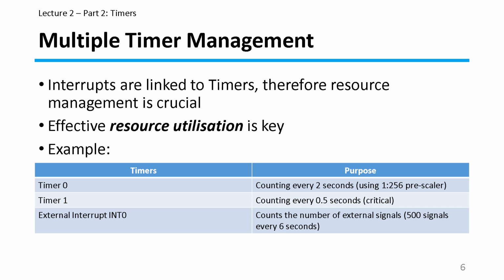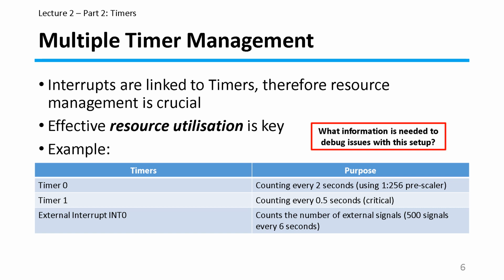It runs, but it's buggy. It's quite slow, and randomly it will skip specific calls in your main program. So thinking back at the previous slide where we mentioned a few things to consider when you're working with timers, what information is needed for you to debug these issues given this setup?